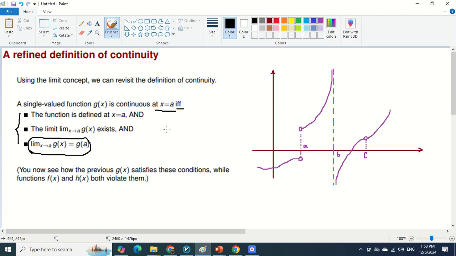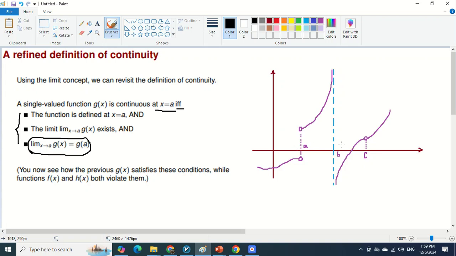As you can see at the right side, we have a graph of a function. At the point a, this function is discontinuous because all these three conditions are not satisfied at the point a. The right side limit and left side limit at the point a are not equal, so the limit does not exist. At the point a, the function has no value, and also the value which does not exist over here is not equal to the limit as well.